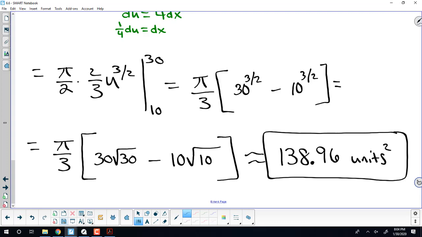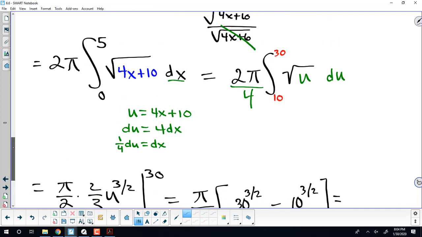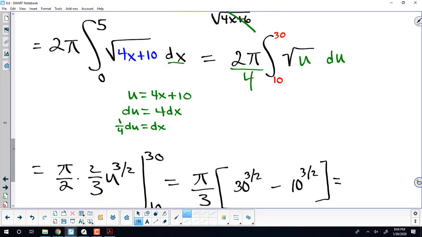If you get down to the pi over 2 times 2 over 3 with the bounds and everything, showing that you did the integral and then you put it in your calculator, is that okay? Yeah. So stopping at this stage and then using your calculator, I think is fine. But some of it needs to be worked out.